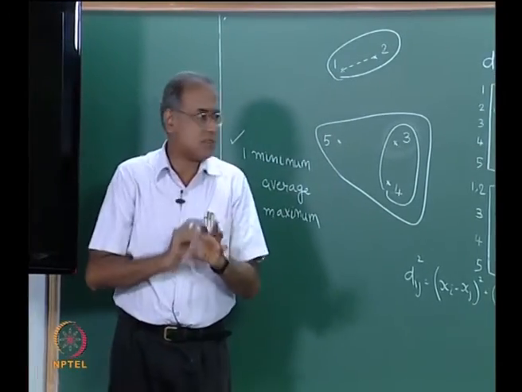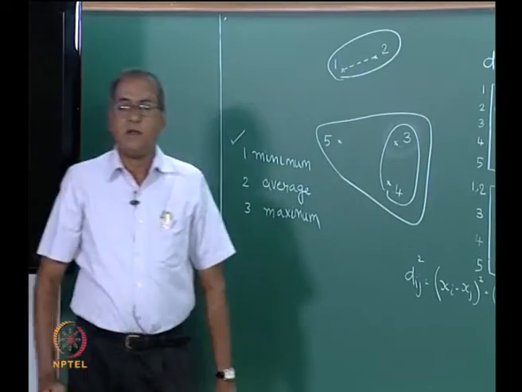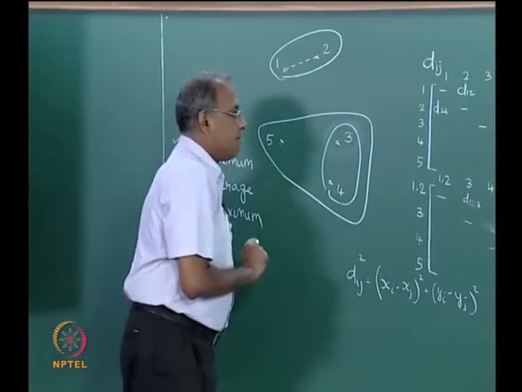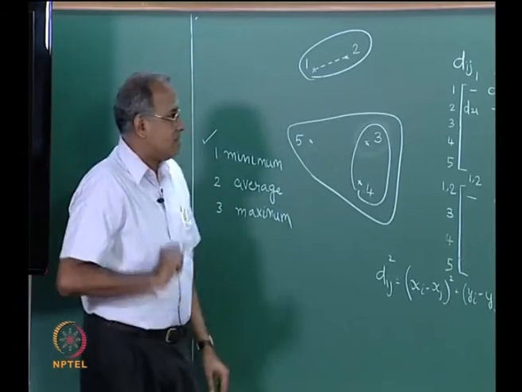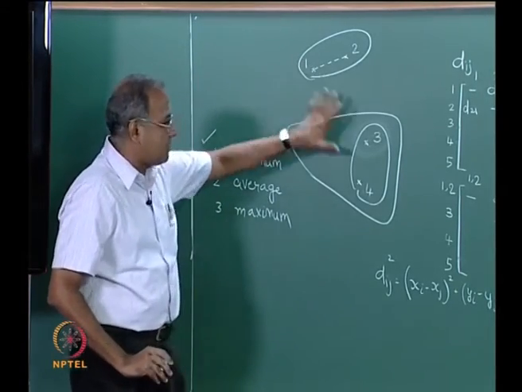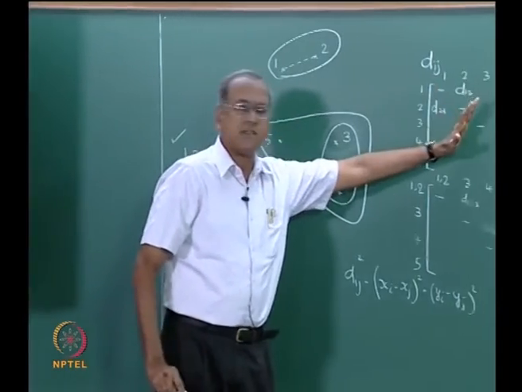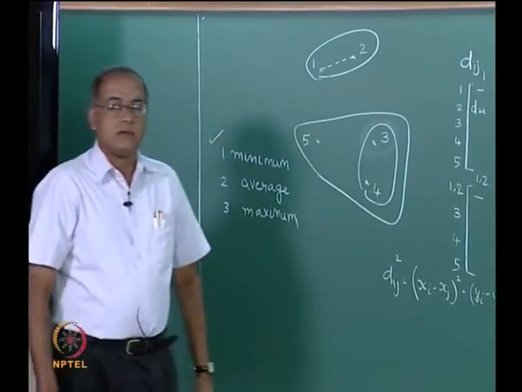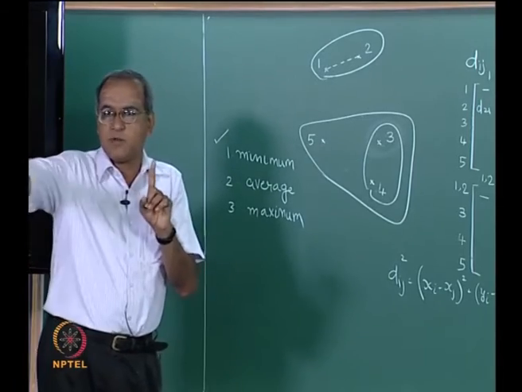Now, let us do these two a little carefully. Let us do this relationship. Let us assume here the coordinates are known, and based on the coordinates we have got a distance matrix. Now, the distance represents how far a point is from some other point.